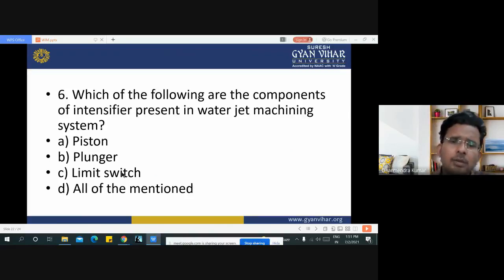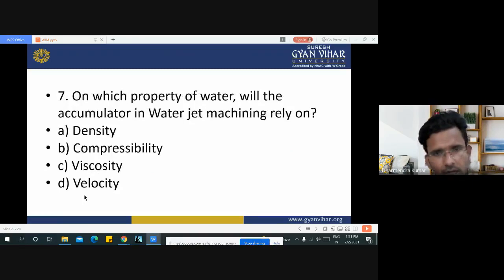Then all of the mentioned components are used in the intensifier, so our option is D. Now the next question: on which property of water does the accumulator in water jet machining rely? Compressibility. Compressibility is the main property of water on which the accumulator relies.